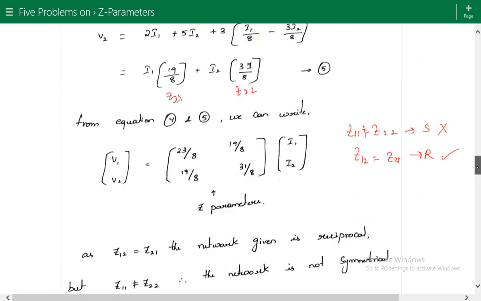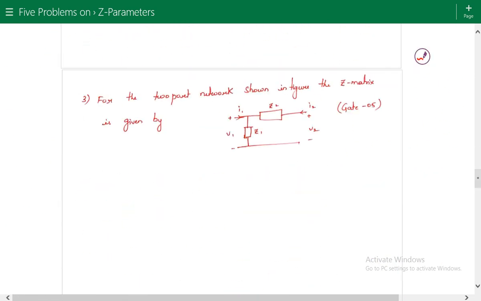The same answer we got right here. Tell me, by looking at the figure, is it symmetrical or not? No. Cut into two halves, it is not a mirror image. The two halves are not mirror images of each other, so it is not a symmetrical network.